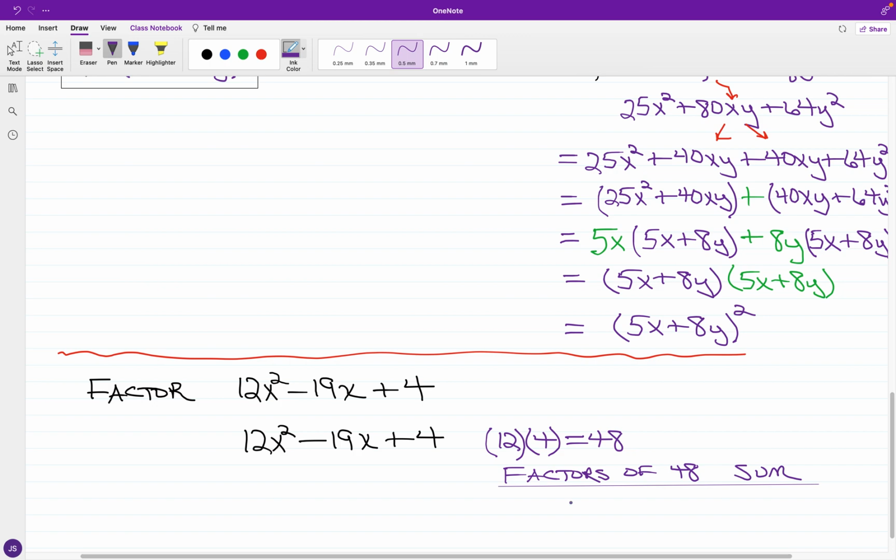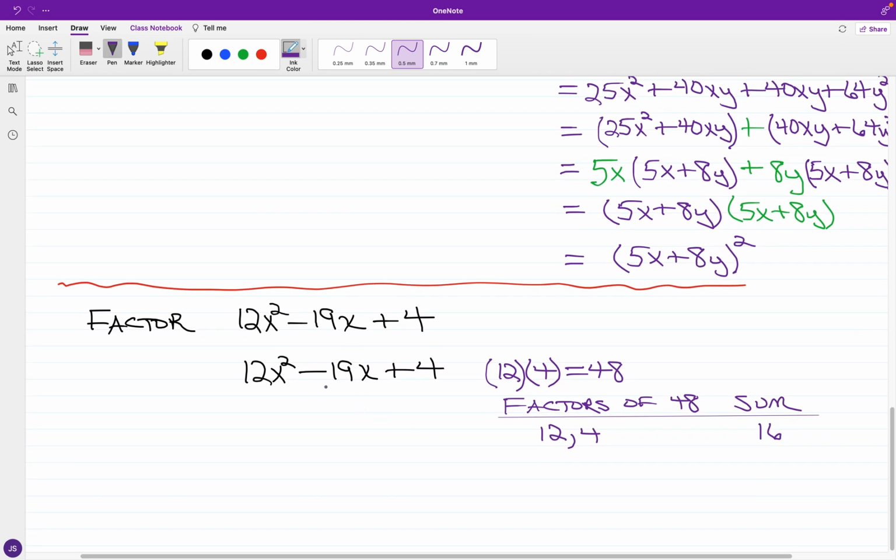Okay, so we had 48 arise upon multiplying 12 and 4. However, 12 and 4 come out to positive 16, and we're looking for the combination that will add up to negative 19. And if I change the sign, negative 12 and negative 4, of course that's going to be negative 16, but I want negative 19 as the sum.